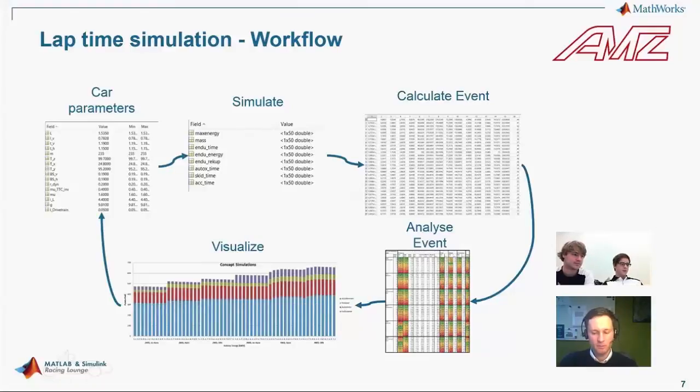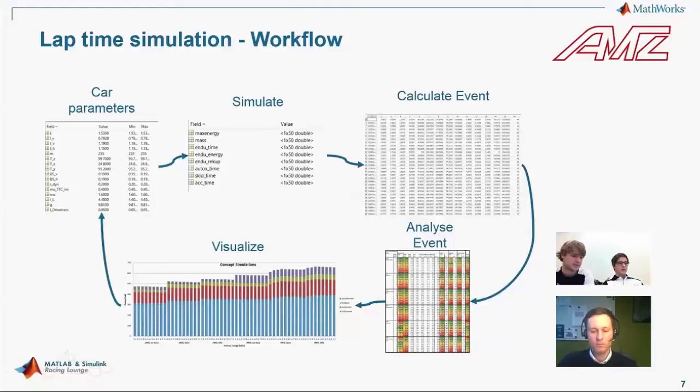So then we take these car parameters to simulate one lap in our lap time simulation, and out of that we can also simulate whole events. We can simulate endurance by driving 16 tracks, or we can simulate an acceleration run by driving a straight track.